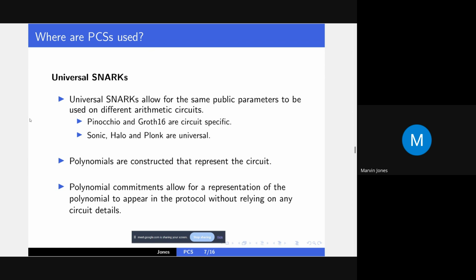With Zcash, I'm not actually sure why they want a universal SNARK, to be honest, because Halo is cool and Halo 2 is cool, but I know with Halo 2, part of it was that they were introducing recursion, and the idea of using recursion was that they wanted to implement smart contracts.